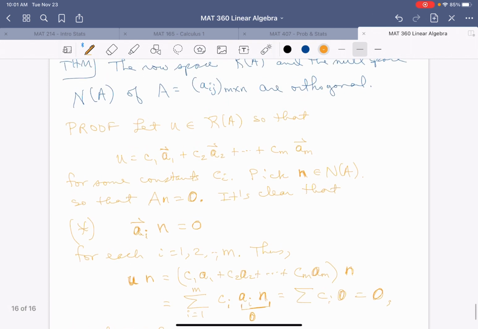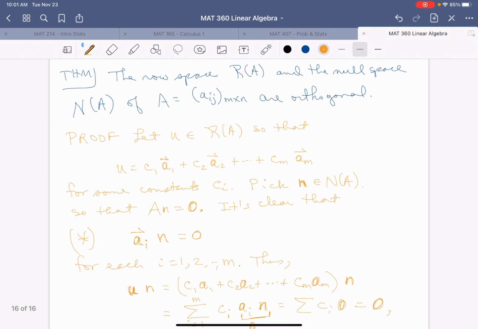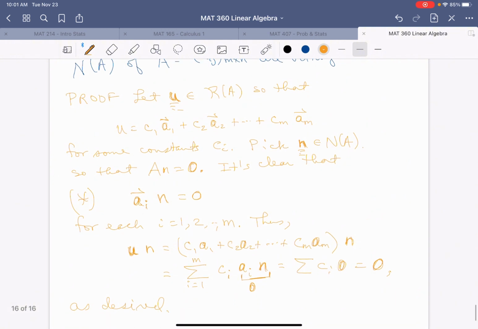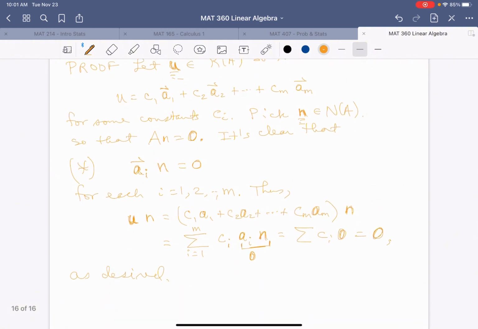Because what did we do? We chose an arbitrary vector u from the row space, and we picked an arbitrary vector n from the null space, and demonstrated that the dot product of those two must be 0, and 0 is a scalar, not a vector. So let me fix that.